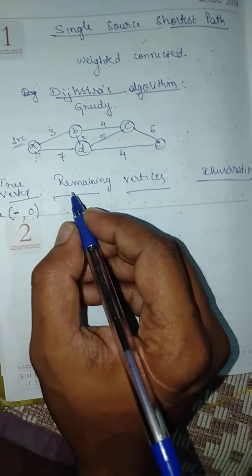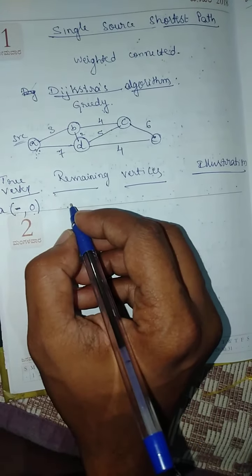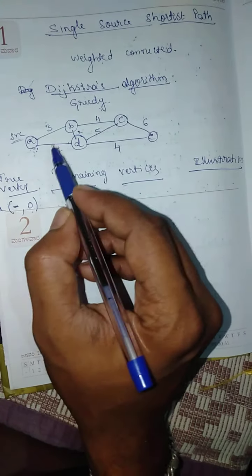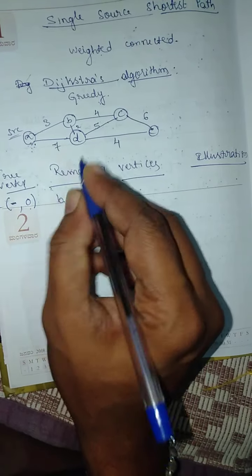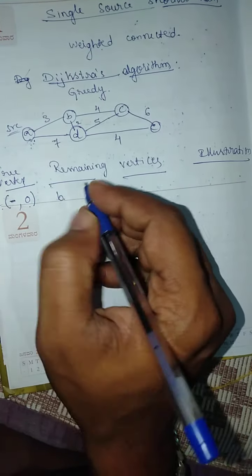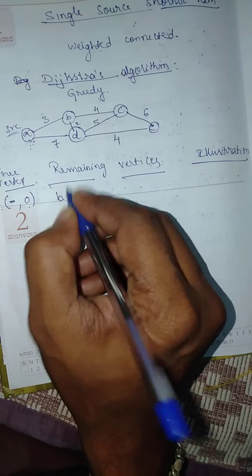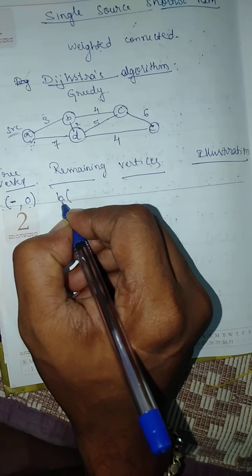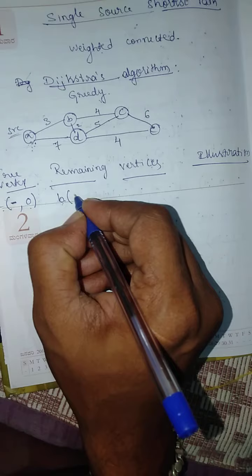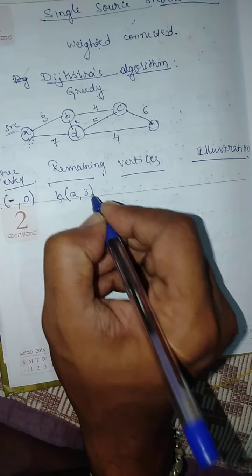Now what are the remaining vertices and what are the costs? Consider the next vertex B. Is there any edge from A to B? Yes, there is an edge from A to B. So B can be reached from A with a cost of 3, right?